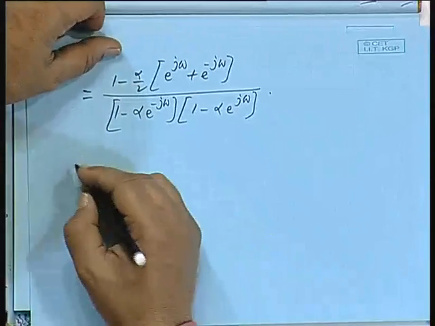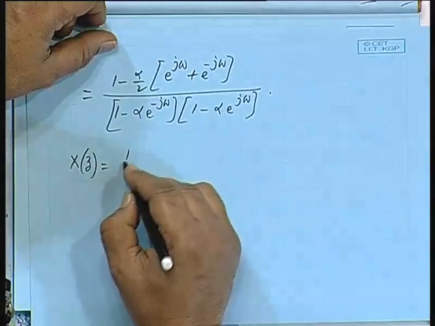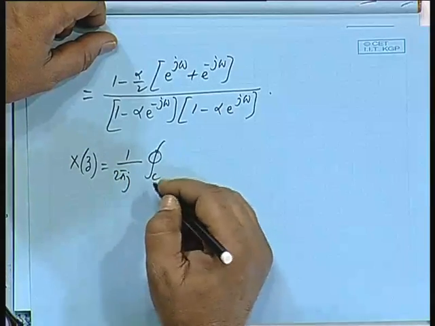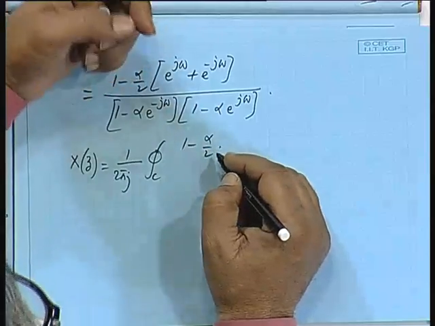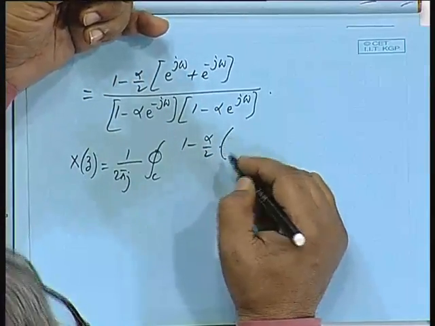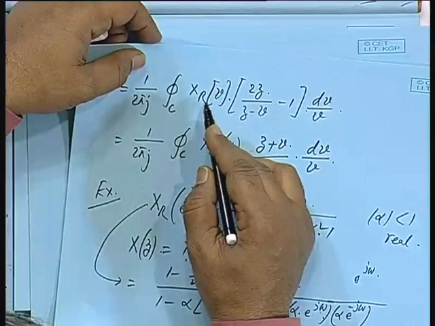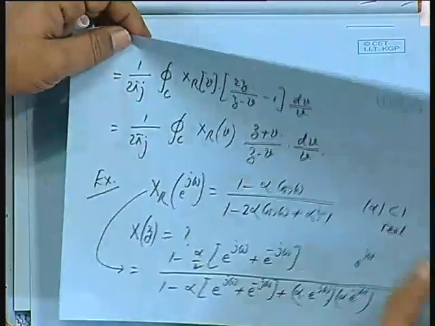So, if you now compute X(z), it will be 1 by 2 pi j, 1 minus alpha by 2, X_R, e to the power j omega is replaced by v, is it not?